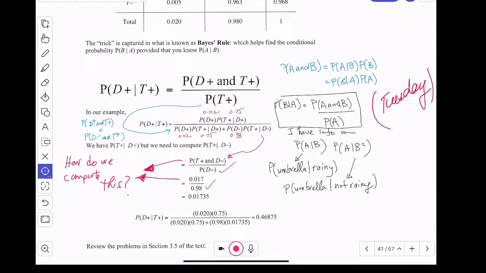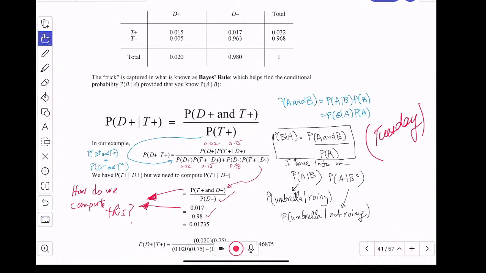And I found it using this table above. Here you have all the possible outcomes, totaling 1. Each of the entries inside the joint probability distribution are, so the one that we're interested in, let's just go to that one.